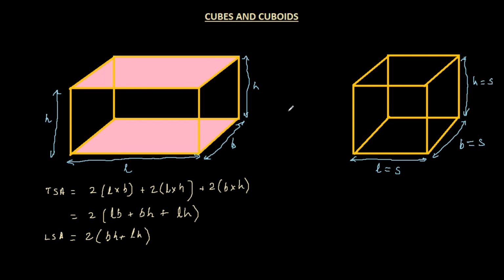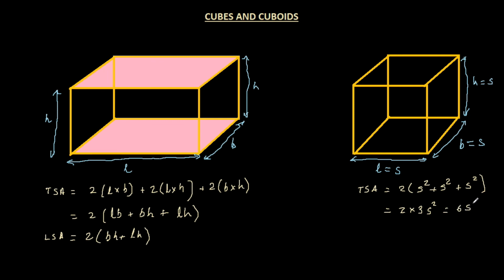Now same way, if we need to look at the area of a cube, we will apply the same formula. So in this case, all the side lengths are equal, and because each face has an area of s square, we can just say that it is 2 times (s square plus s square plus s square), which means it is nothing but 2 times 3s square or 6s square.